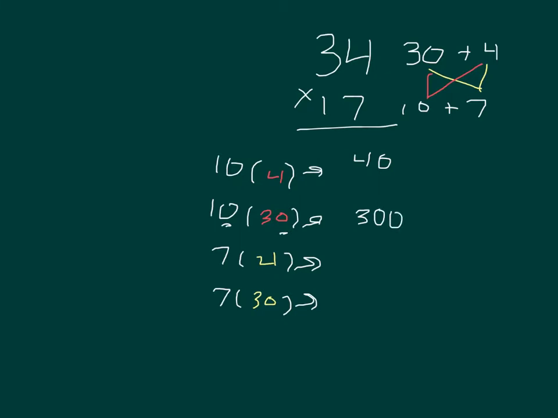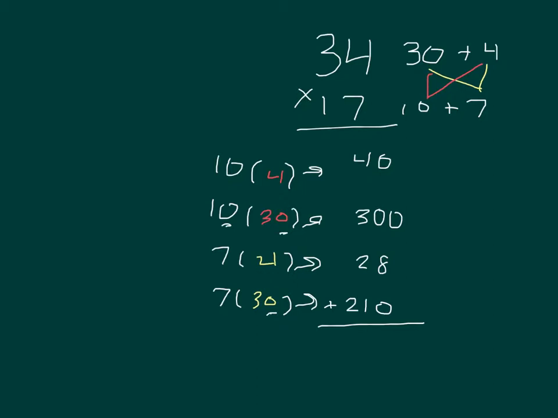As I move on, 7 times 4 is 28. And again, I can use my smaller math facts. So I know that 7 times 3 is 21, and there's 1 extra 0, so I'm going to tack that on.